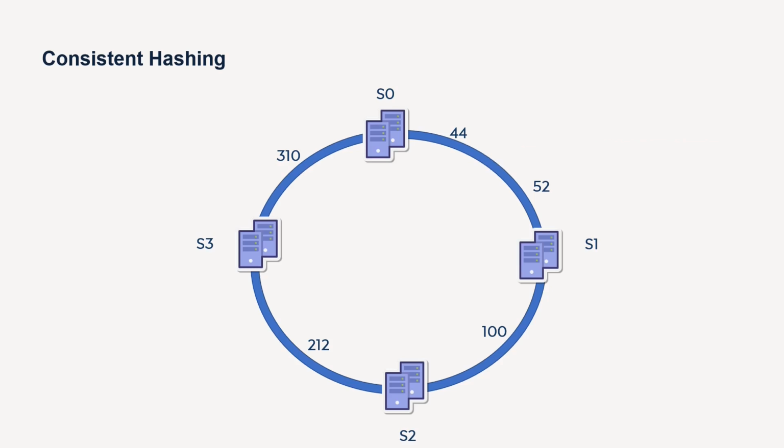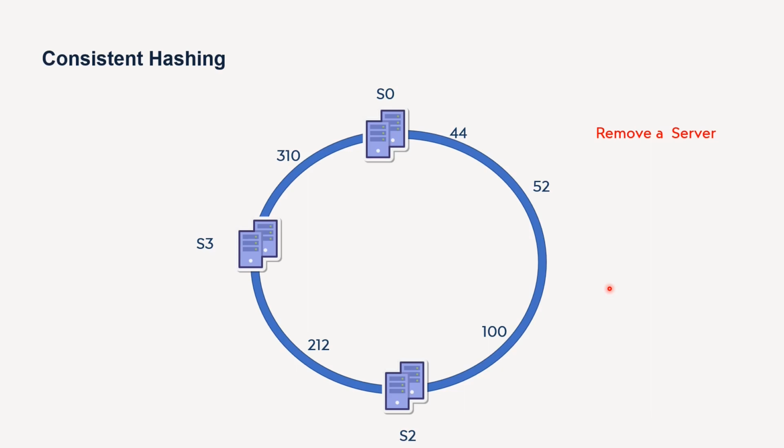Similarly, suppose you want to remove a server, and you remove S1. S1 is gone, not because it failed, but suppose you were serving your customers with four servers, and now the demand has gone down, and you feel that three servers are sufficient to cater to that demand.